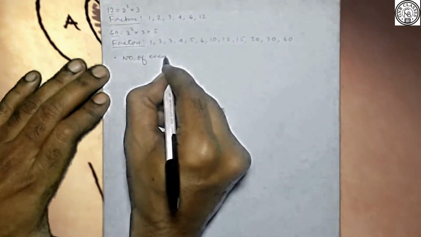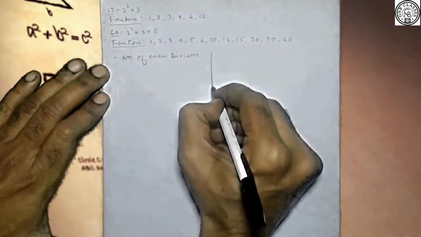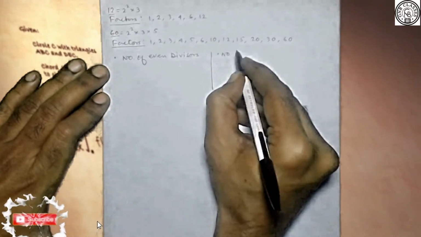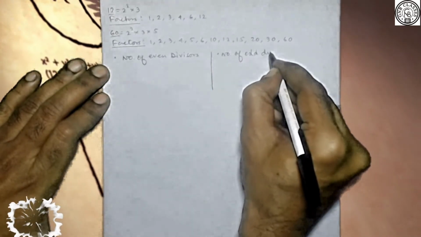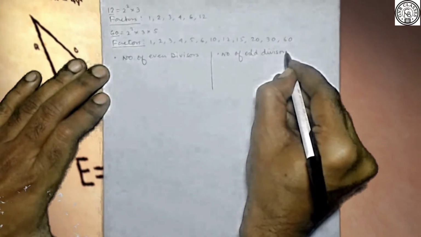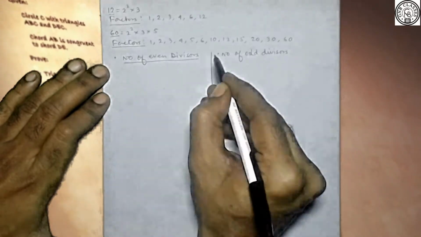But now my question is how to find the number of even divisors and the number of odd divisors of any natural number.